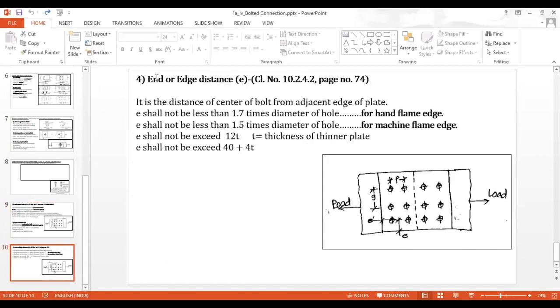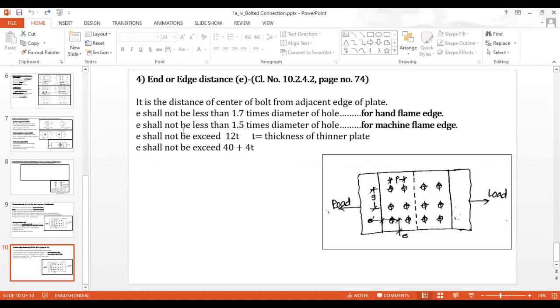And the last one is the end or the edge distance. It is the distance of the center of the bolt from the adjacent edge of the plate. Here in the diagram, the distance measured from the end to the center of the consecutive hole is called the edge distance. This E shall not be less than 1.7 times the diameter of the hole for hand flame cut edges.